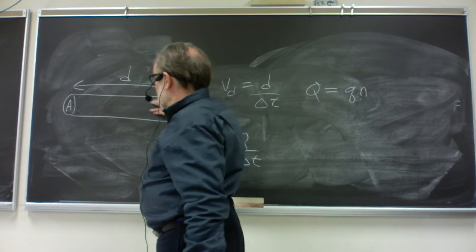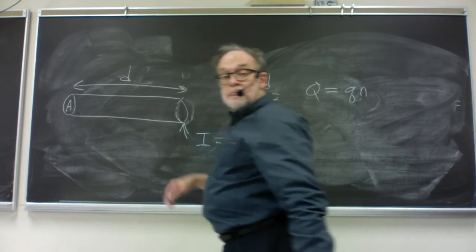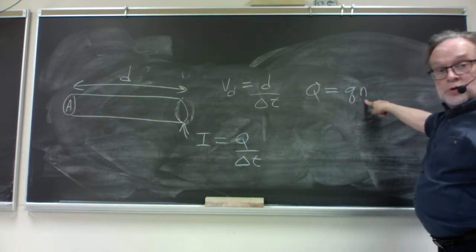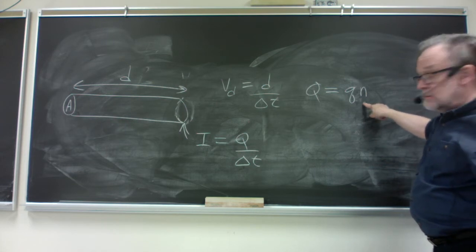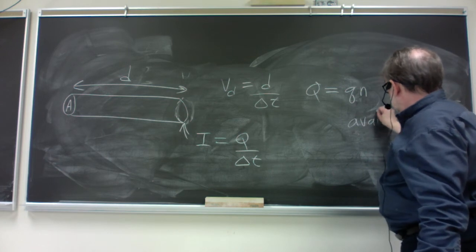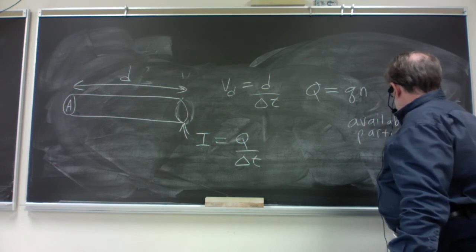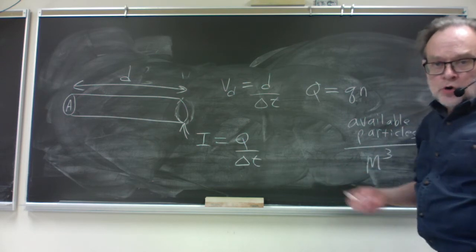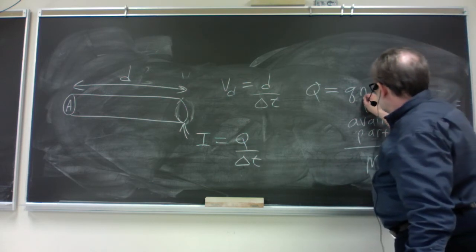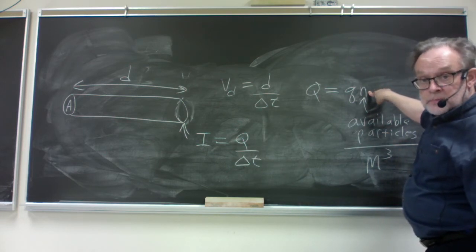So there's some number of particles in here that will eventually become part of the current, and we usually think in terms of available particles per unit of volume, available particles per cubic meter, our normal unit for volume. So this is the density of available particles that can become part of the current when you turn on the electric field.